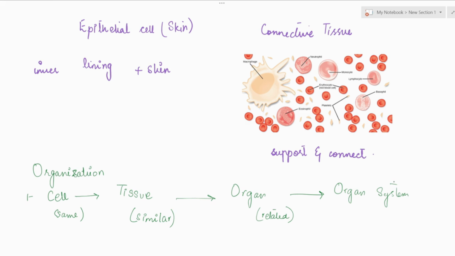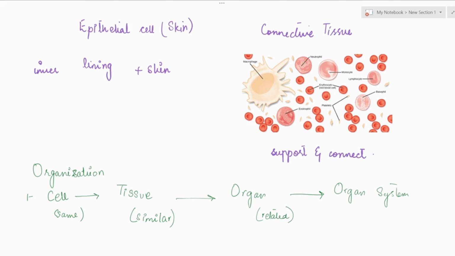So this is how your body is made. Same cells with the same function group together as a tissue. Same type of tissue groups together to make an organ. Now here we don't use the word same because there are different organs that have related or similar functions. The related organs group together to form an organ system.